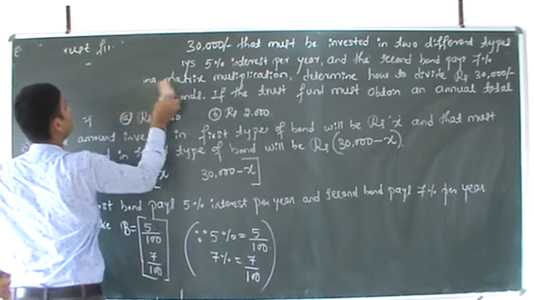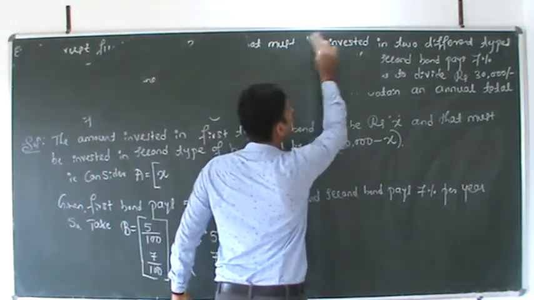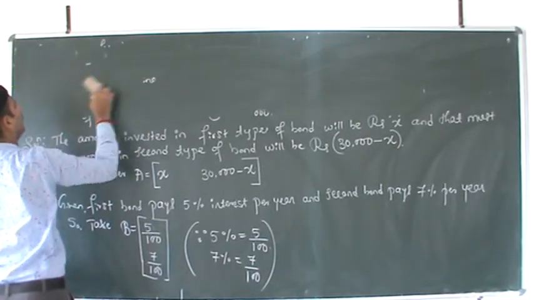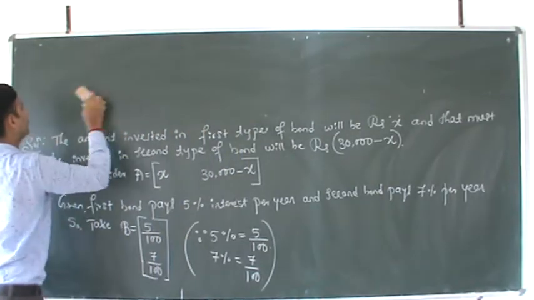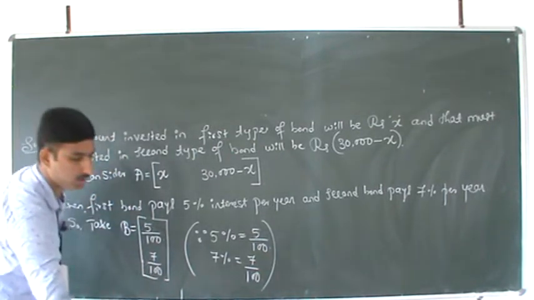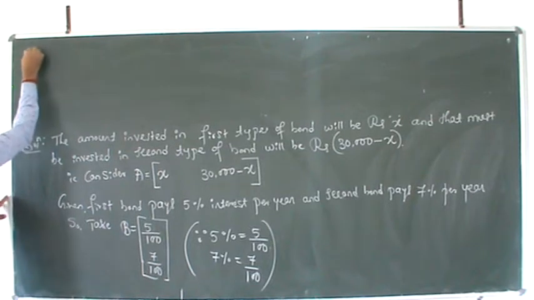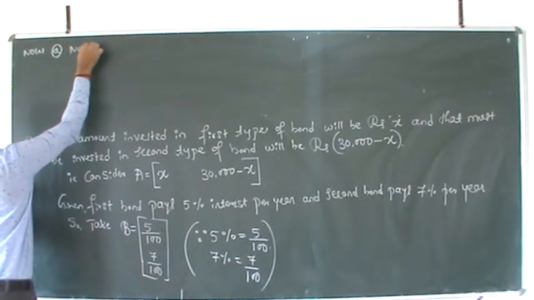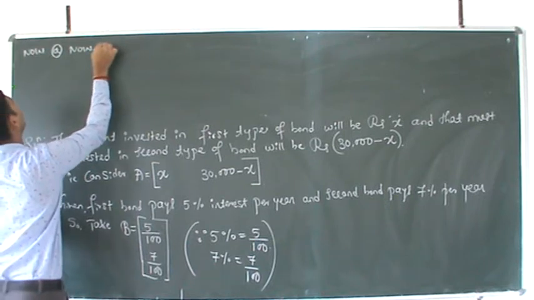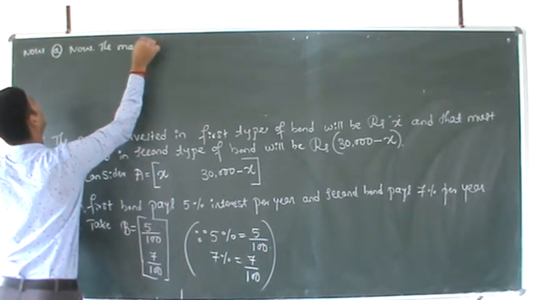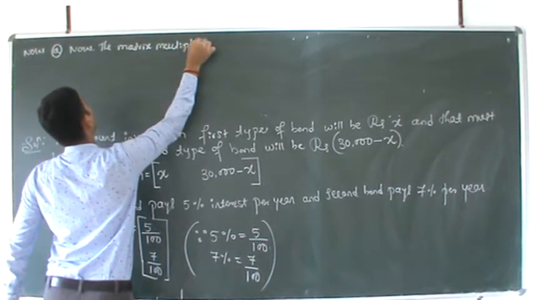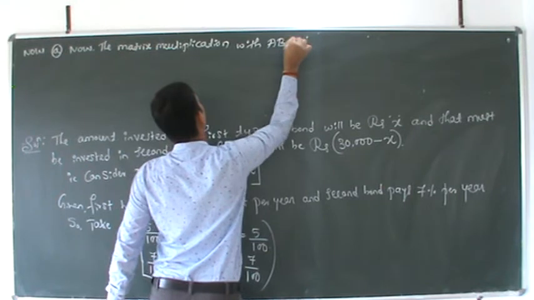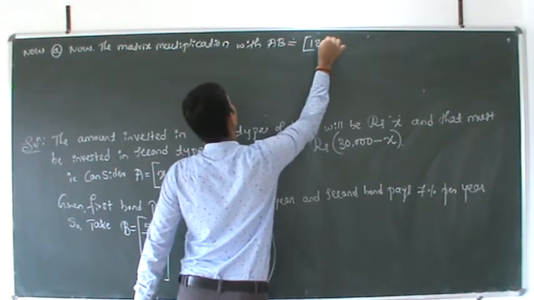Now, solution: multiplication AB, which is equal to rupees 1800. Correct?